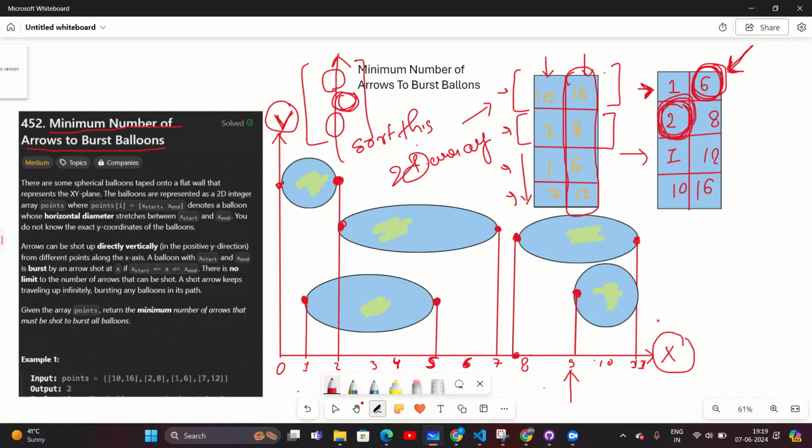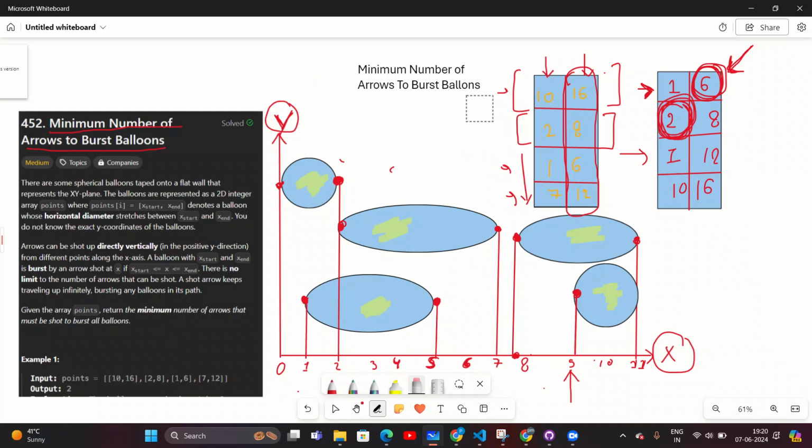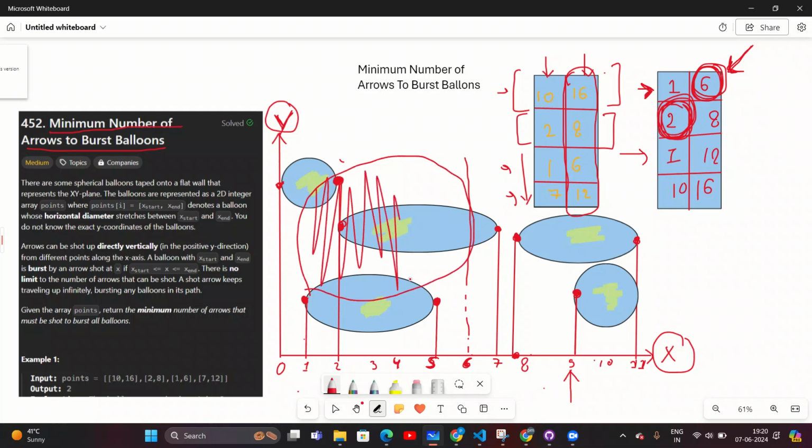Then it will tell us that there is no intersection. Suppose here in this case, 1 comma 6 is there and 2 comma 8 is there. This balloon 1 comma 6 will look like this, and there's another balloon 2 comma 8, so it will somewhat look like this.